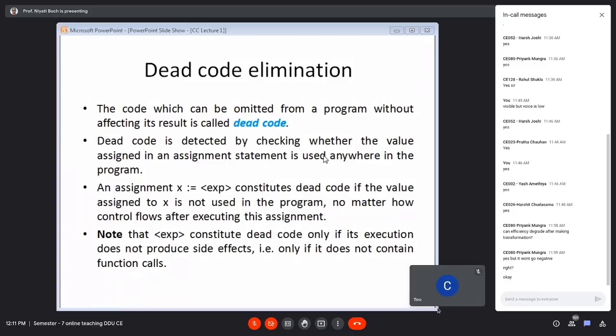If it is a simple expression not having any function calls, then it is very easy to identify it as dead code if the value is not used, and such code can be omitted from a program. It will not affect the behavior of the program. We will not be making any changes to its meaning, and it will still be okay.